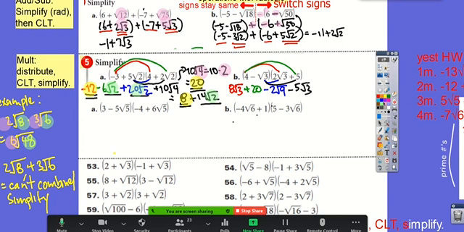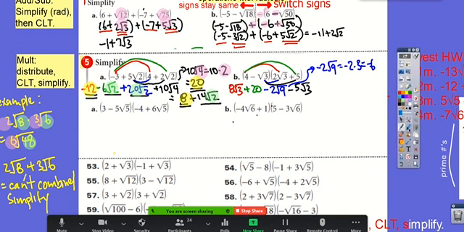I'm going to side hustle this 2 root 9 right here. Negative 2 root 9 is the same as negative 2 times 3, which is negative 6.